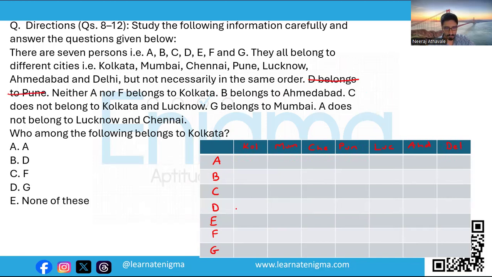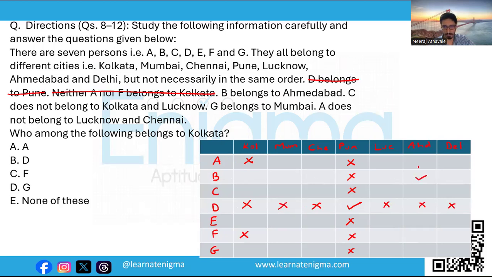So D here we can put a tick mark over here and a cross everywhere else. Neither A nor F belong to Kolkata. B belongs to Ahmedabad.